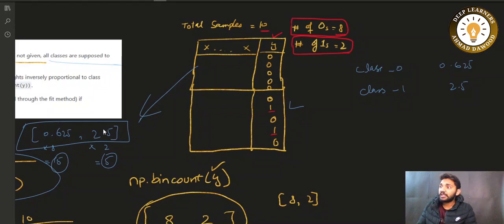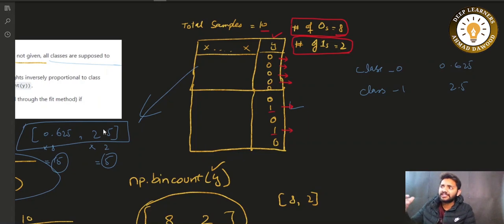What it will do is, since you have 8 samples belonging to the zero class and 2 samples belonging to the one class, it will decrease the weight of the samples that have the target value 0, and it will increase the weight of the samples that have class equal to 1, so that it can balance your data set by tweaking the weights.